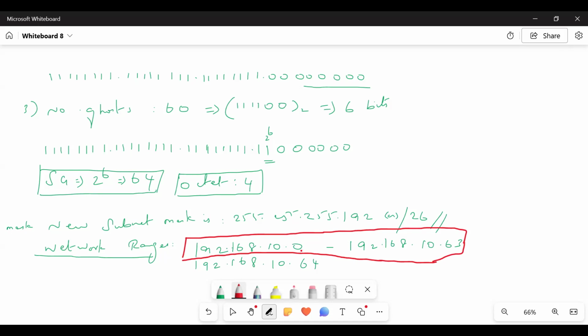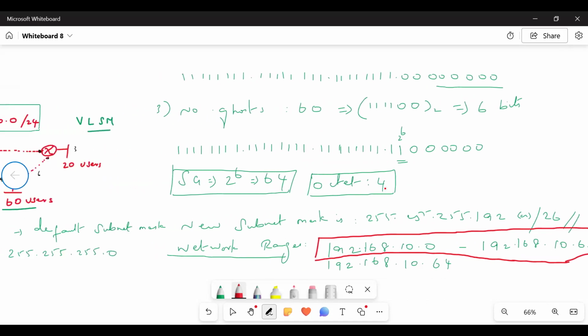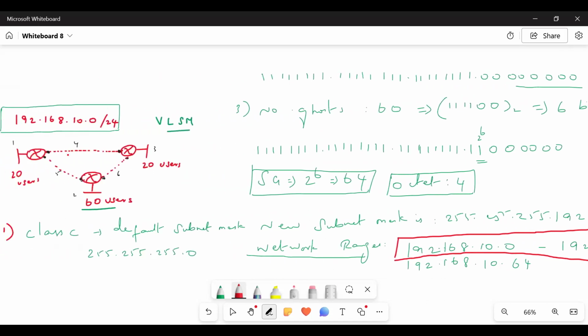So this range will be allocated for those 60 hosts. Now in the same way we find it for the remaining networks. We have completed this network, and now we are going to find it for the other 20 users.